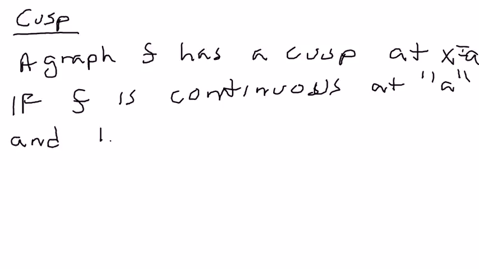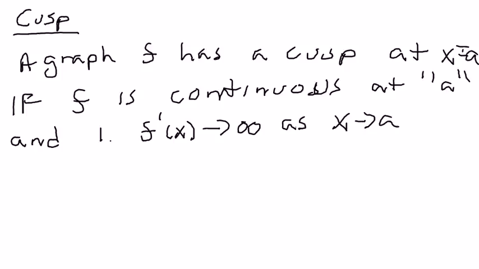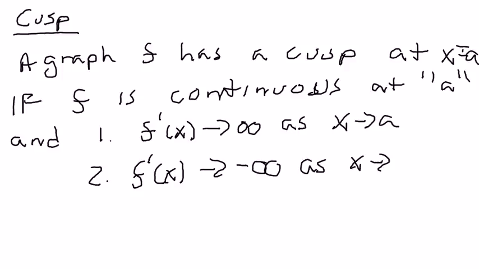Number one, f prime of x has to go to positive infinity as x approaches a from one side, and from the other side f prime of x has to approach negative infinity as x approaches a from the other side. I'll put a little superscript positive and negative.